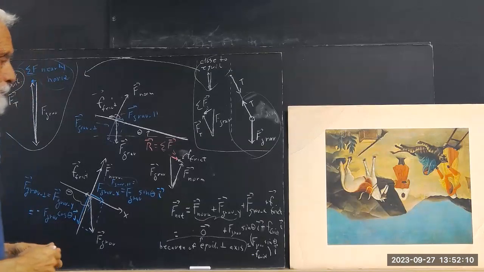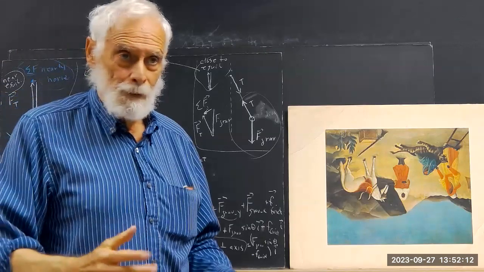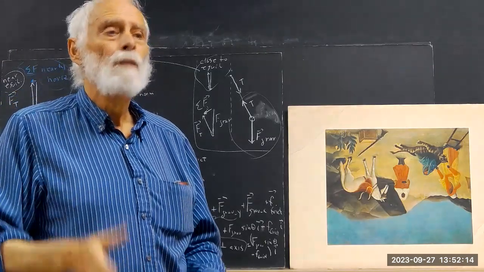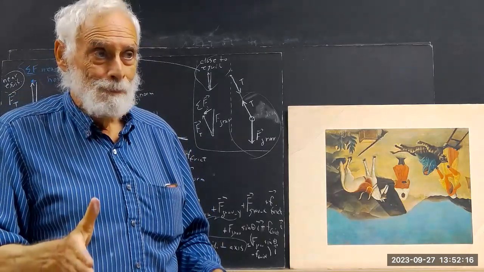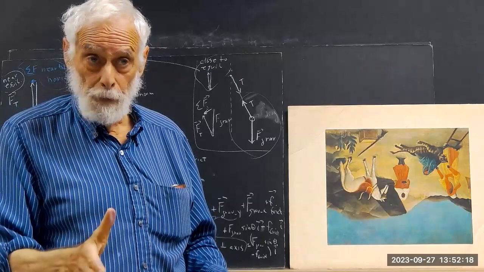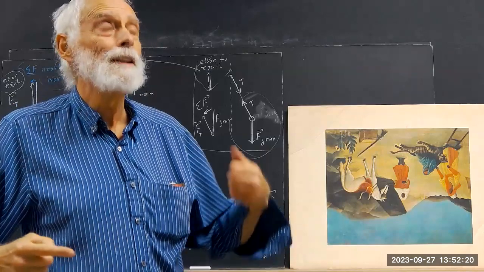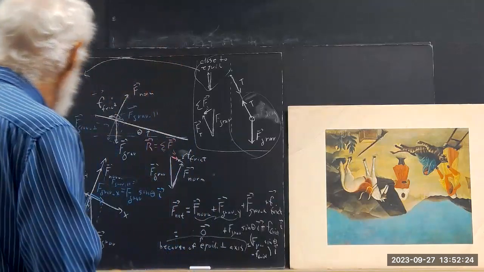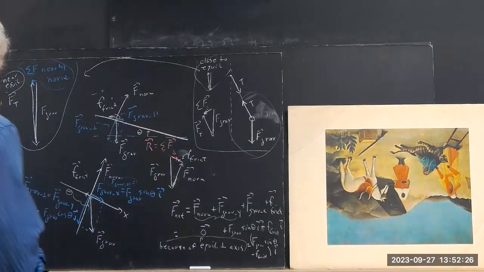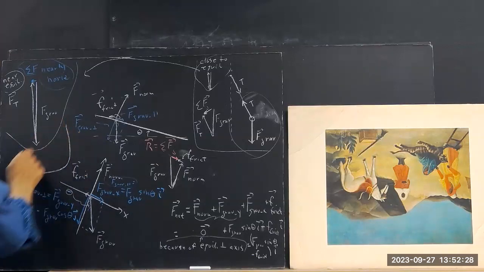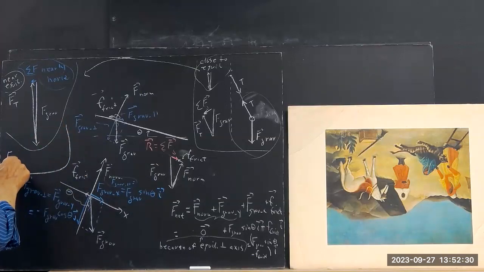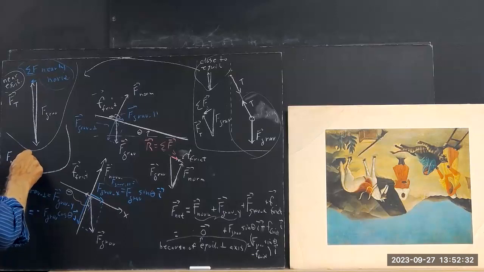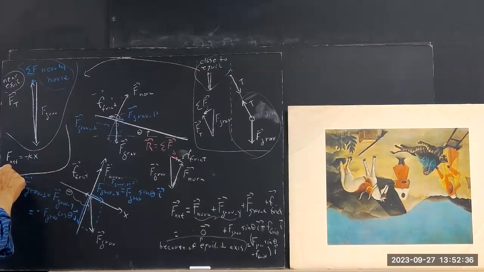This means that when the pendulum is very near the vertical, the acceleration is very near the horizontal. And we get this differential equation, it turns out. And we'll analyze this probably next time. Net force is negative kx.